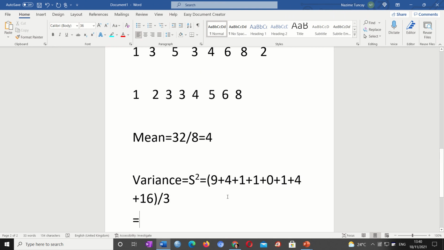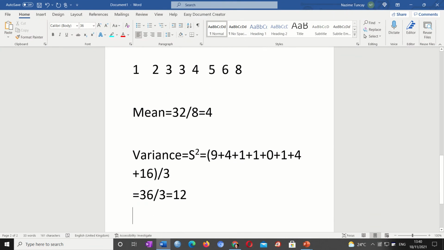Now here, I'm going to add these numbers. This is 10, 15, until here, 15, that's 20, and this is 36, okay? 36 over 3, which is 12, okay?